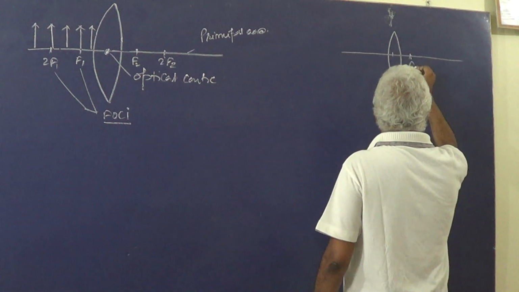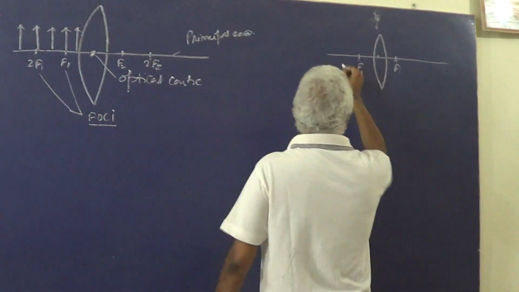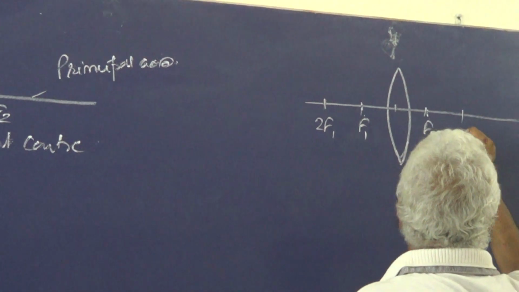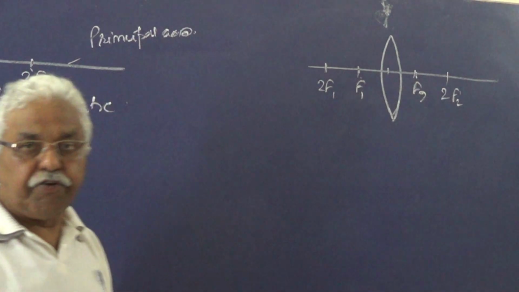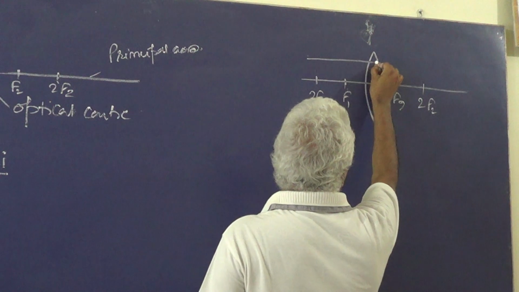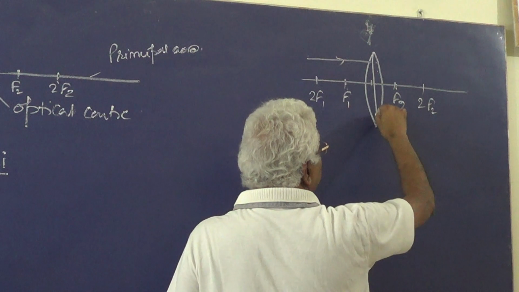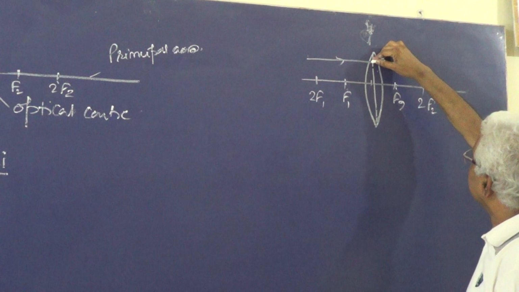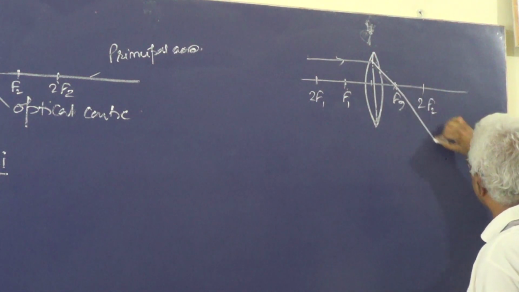It is F1. If you take F1 from this side, don't change it. Here it is F2 and 2F2. Now see, the rule says that first, if the ray is parallel to the principal axis, after refraction it will pass through the focus.